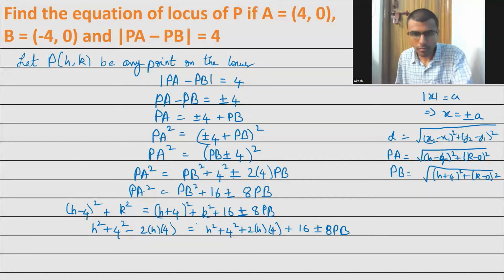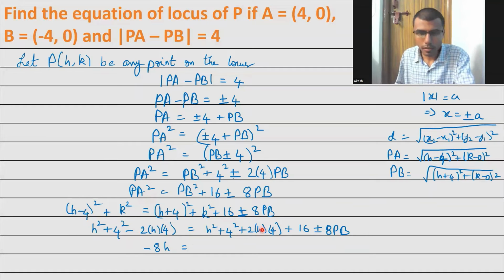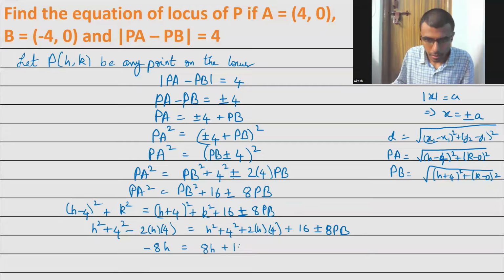Now h square and h square will cancel, 4 square and 4 square would go. So here I am left with, listen, minus 2 into h into 4, it's minus 8h. Minus 8h is equal to 2 into 4 into h, so 8h plus 16 plus or minus 8 PB.